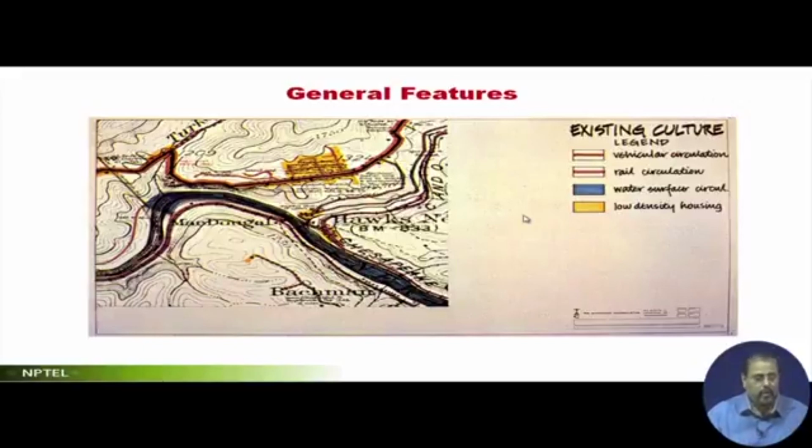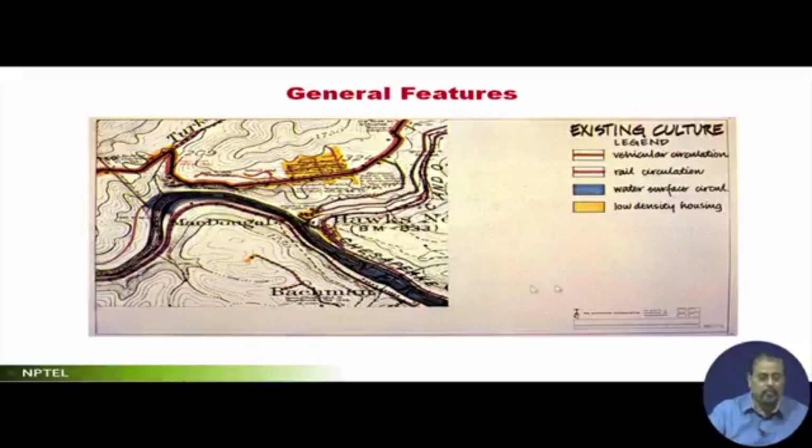Okay. In this, what you are trying to say is the vehicular circulation. You are trying to find out the railway circulation. You are trying to find out the waterways by which it can be linked. You are trying to find out whether there is any low density housing, high density housing, slums or whatever. You are trying to find out whether it has water surfaces.